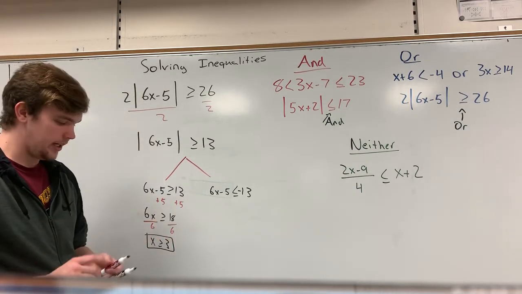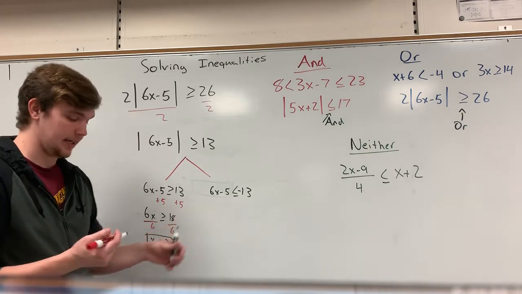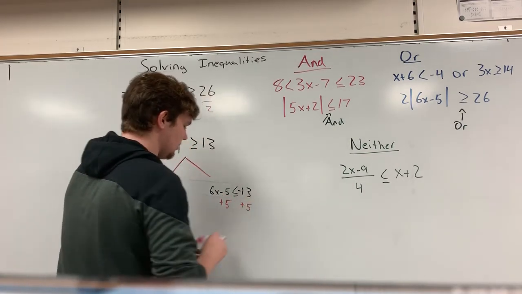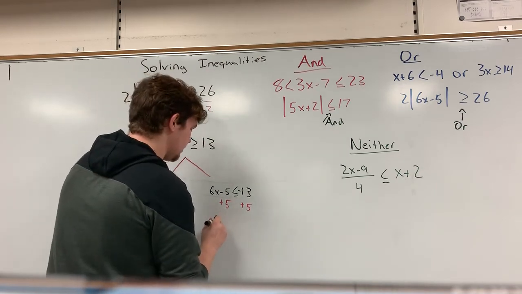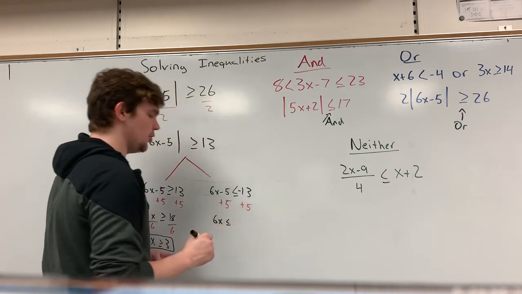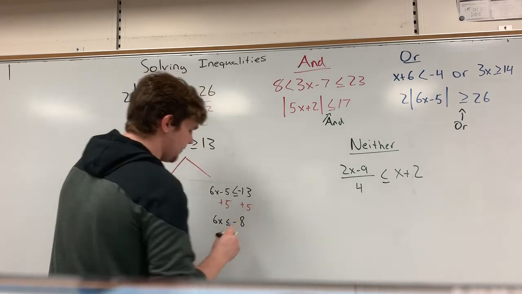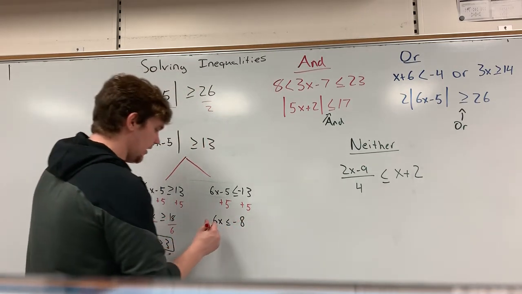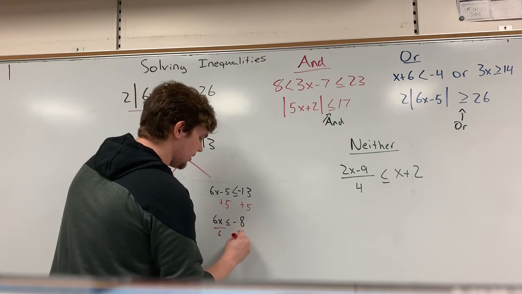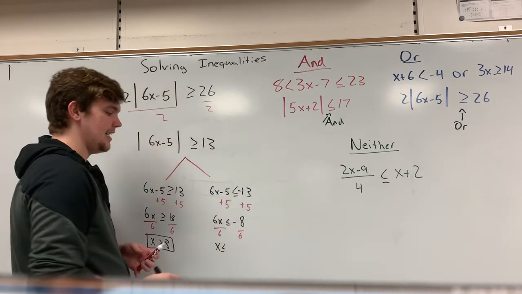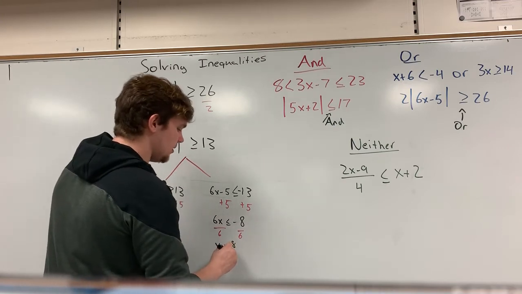And then over here, same thing. I'm trying to get x by itself. Let's add 5 to both sides. So I get 6x less than or equal to negative 13 plus 5, which is negative 8. Divide by 6, and I get x is less than or equal to negative 8 over 6.